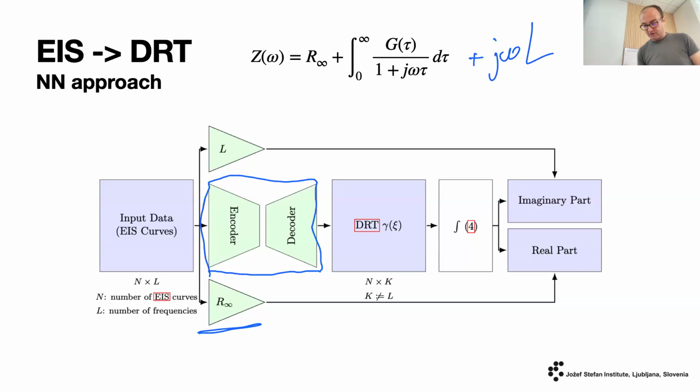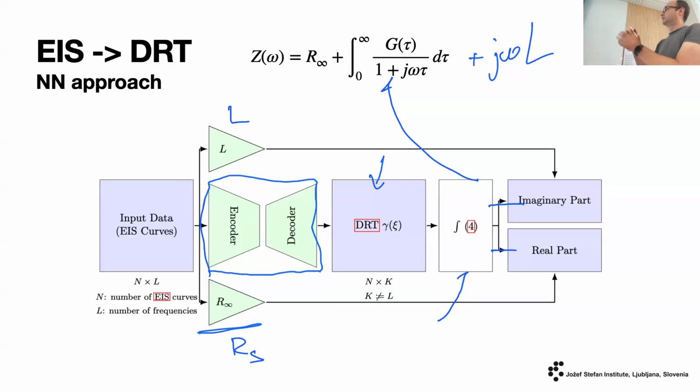A place to estimate serial resistance, a place to estimate potential inductivity, calculate the DRT through the neural network, make this integration, and get the real and imaginary part of the ice curve. And this is how the training pipeline goes.